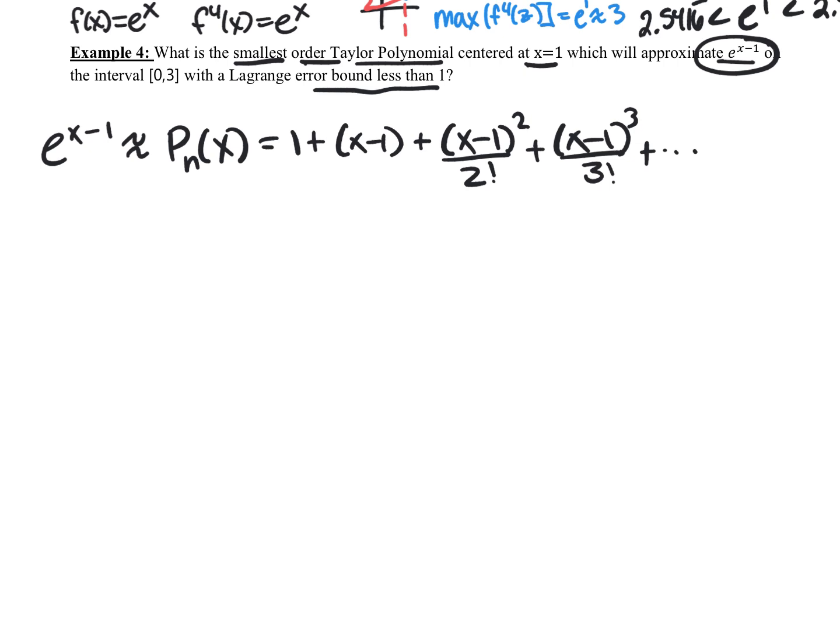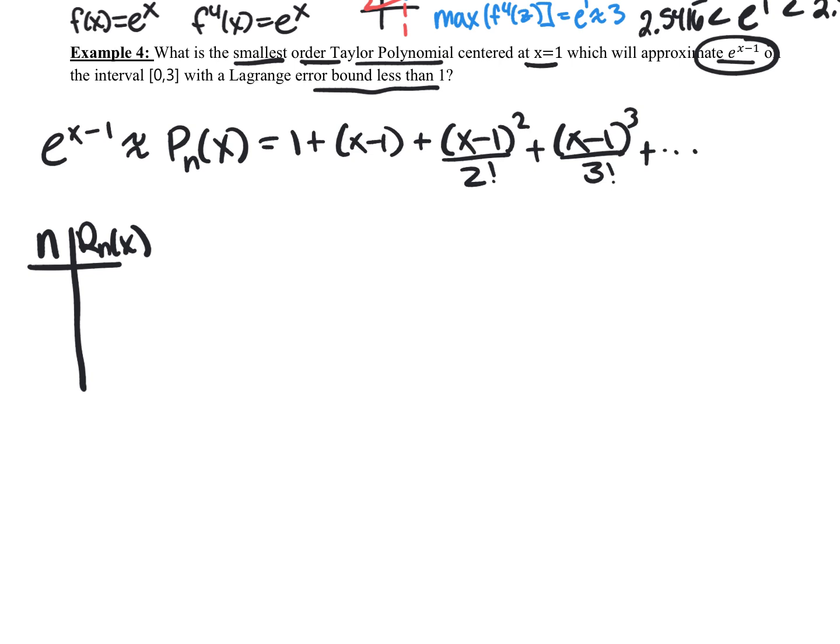And then we would go on. So the question is, what does our n need to be so that our remainder is less than 1? And so we're just going to have to test this out and see how this works.